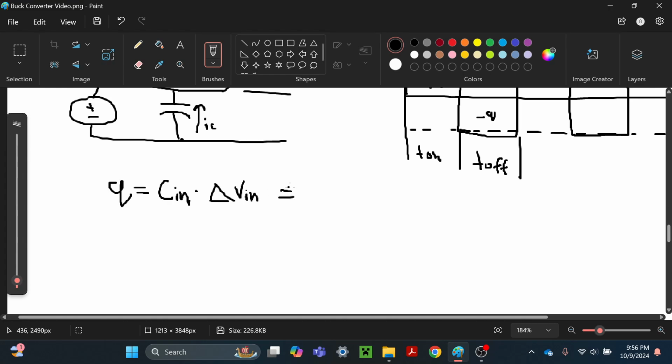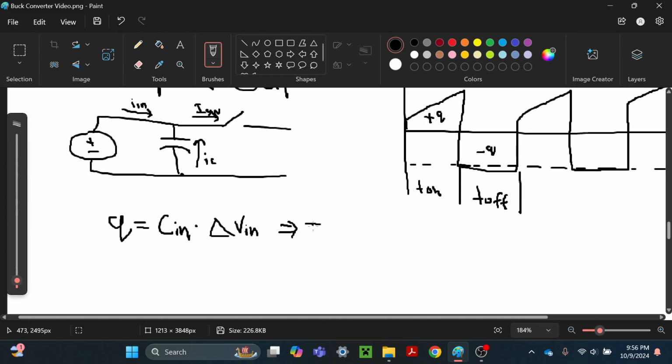So then Q, that area, is just going to be equal to I switch times T off, which is going to be equal to C in times delta V in.